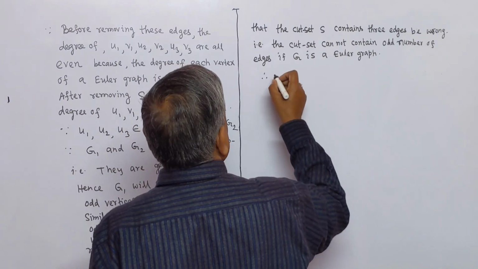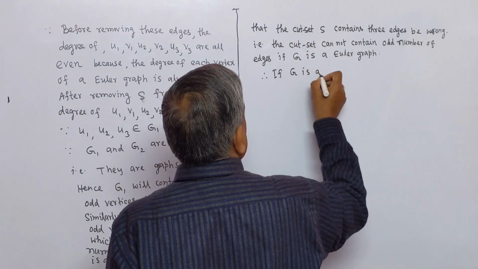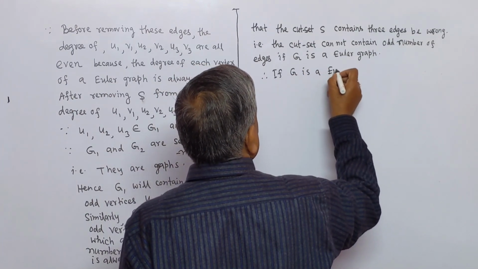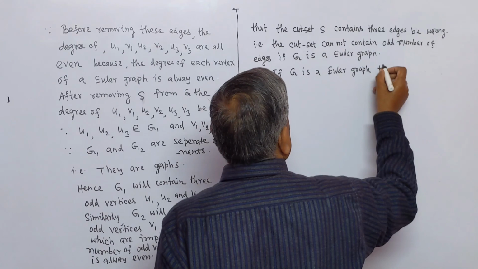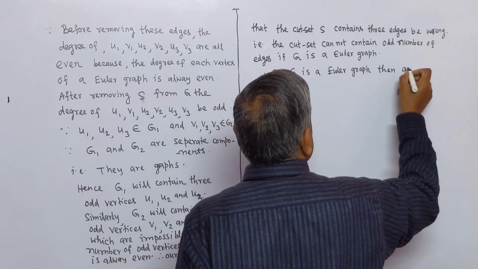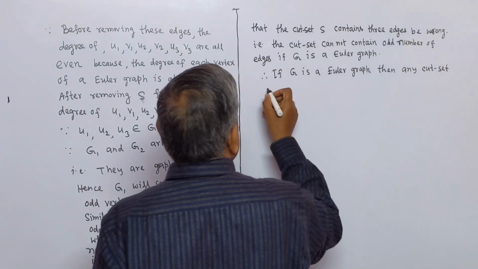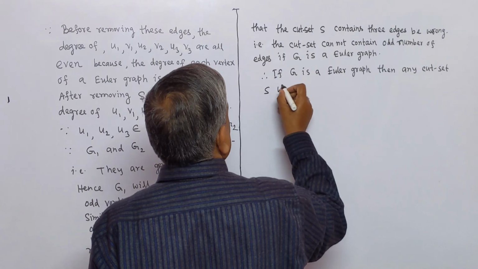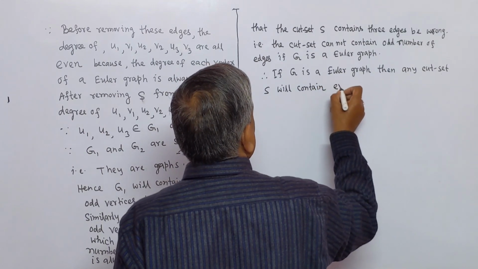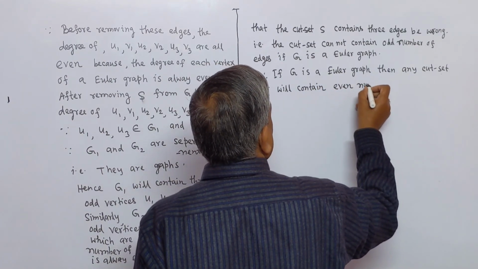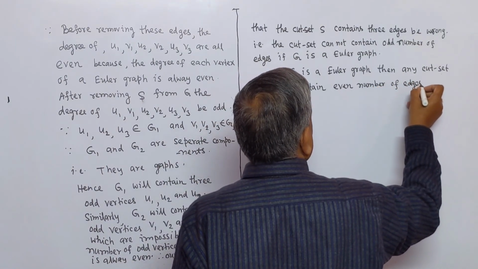Therefore, if G is a Euler graph, then any cut set S will contain an even number of edges. Proved.